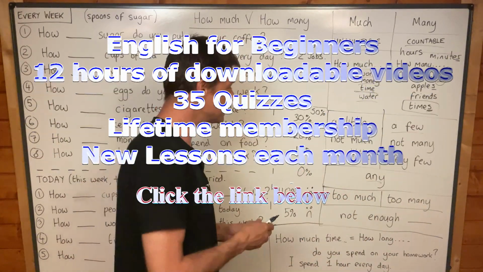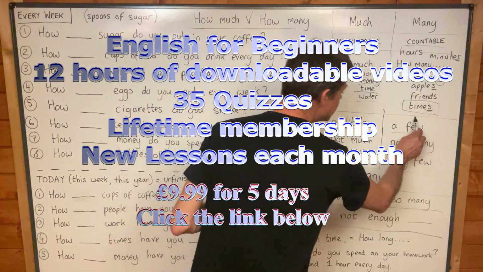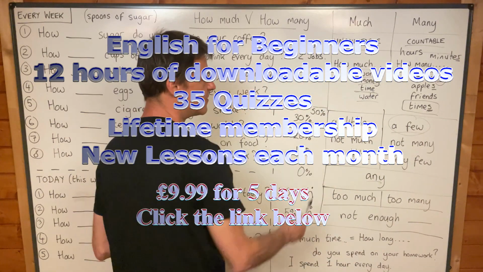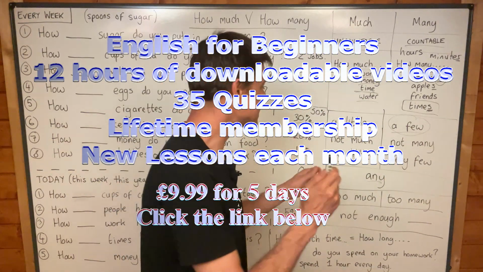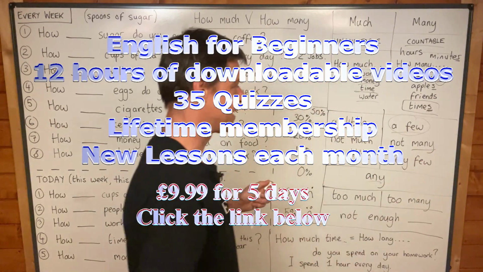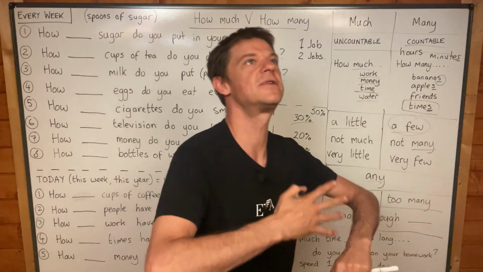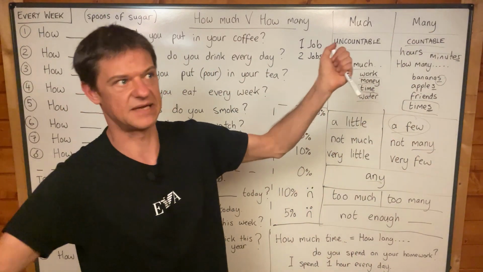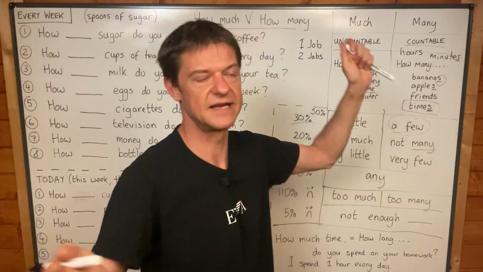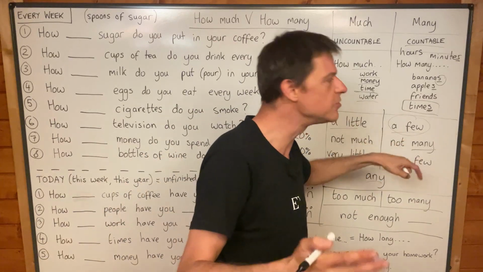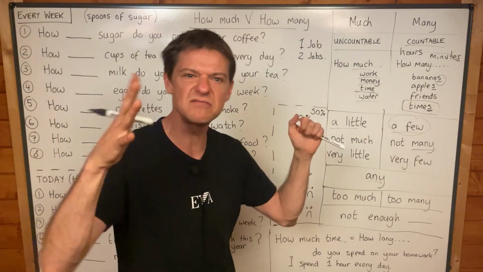I will answer, I have a few friends. I don't have many friends. I think many friends is 30, 40, 50. But I think a few is more like 10, 15.